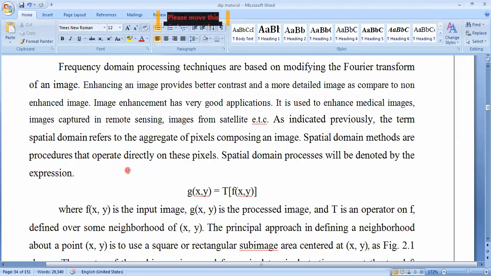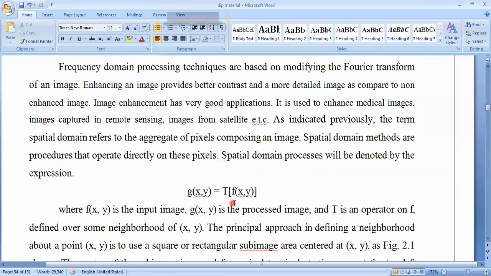Here g of x comma y is the processed image, f of x comma y is the original image, and T is the operation we perform on the pixels.